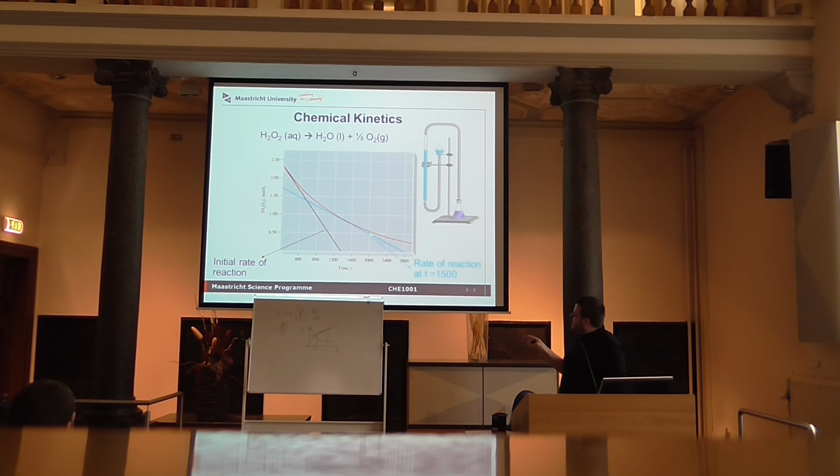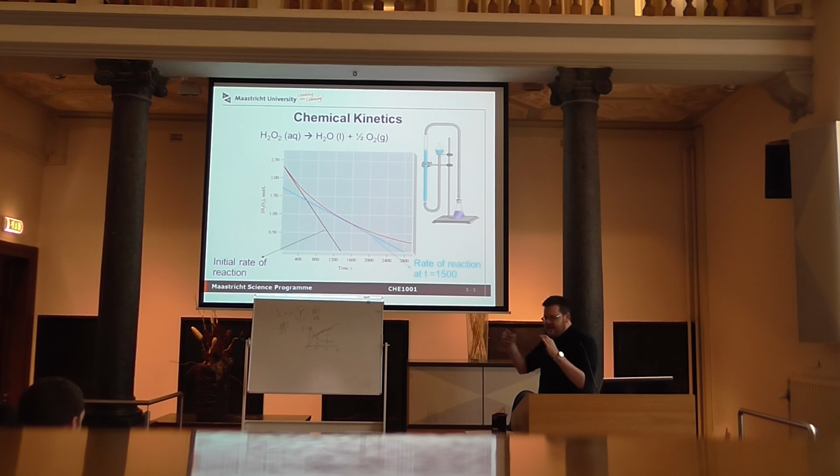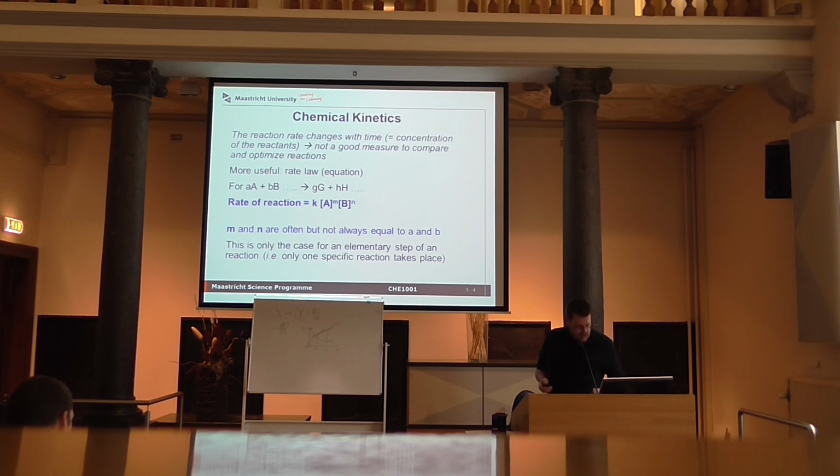If we now draw a tangent to this curve here, do you notice that the rate is different because the gradient of this line is different? So the point is the rate changes as the reaction proceeds. Does everyone see that? And in order to determine the instantaneous rate at a certain point in time, you need to use calculus.